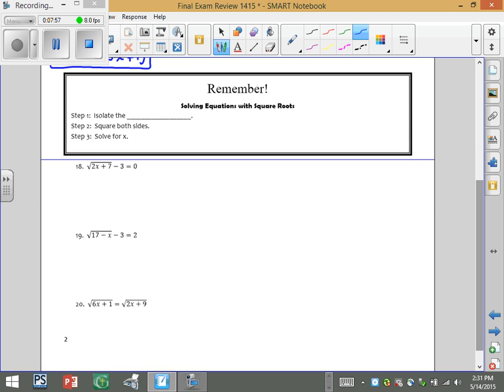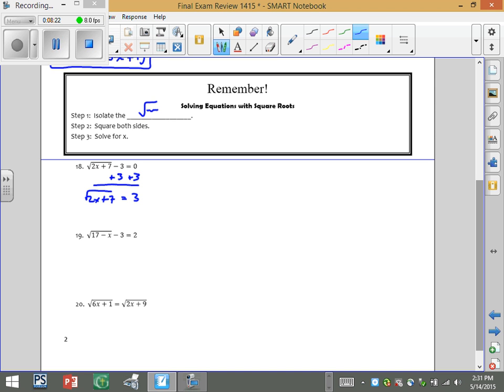All right, the last thing we look at on this particular review sheet was solving equations with square roots. So remember, you want to isolate the radical. Even if there's stuff underneath it, just isolate the radical, we square both sides, and we solve for x. So for example, number 18, the radical still has this minus 3, so let's move this 3 over. We got 2x plus 7 equals 3.